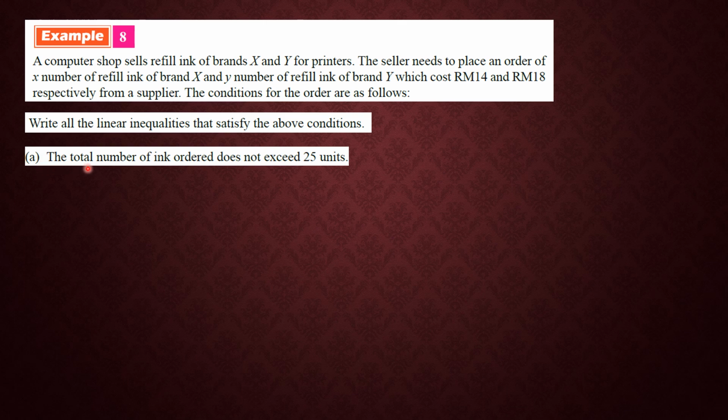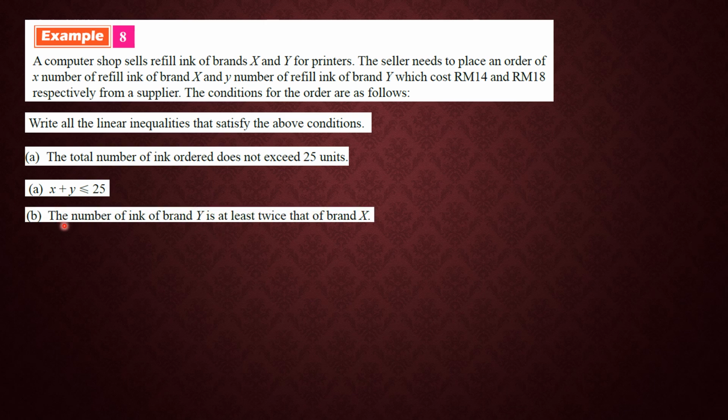Part A, the total number of ink ordered does not exceed 25 units. That means the number of brand X and the number of brand Y cannot be beyond 25, tidak boleh melebihi 25. The number of brand X is X and the number of brand Y is Y. So x + y must be ≤ 25, because does not exceed 25 means must be less than or equal to 25.